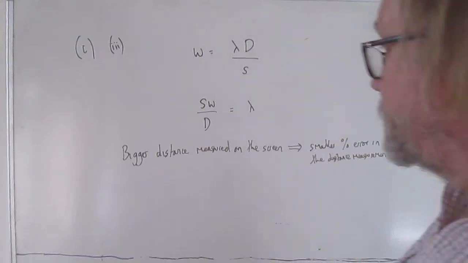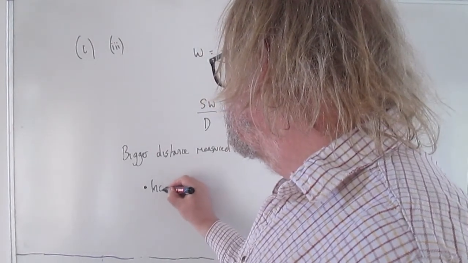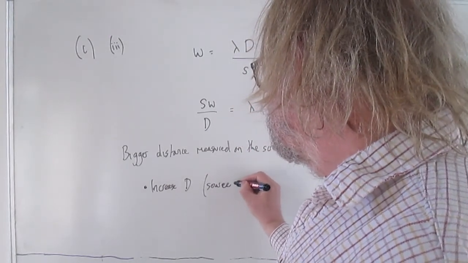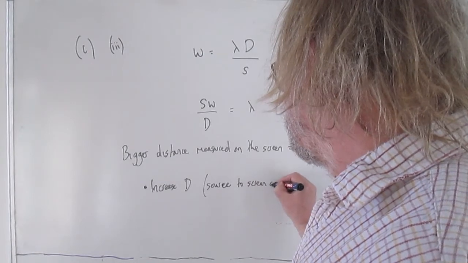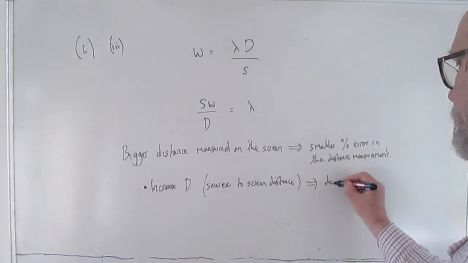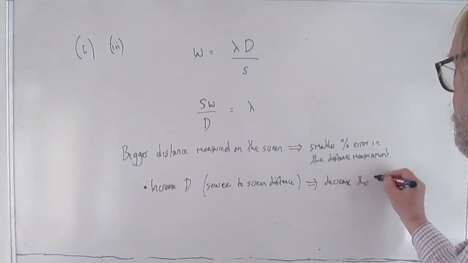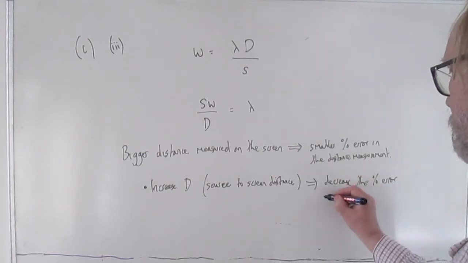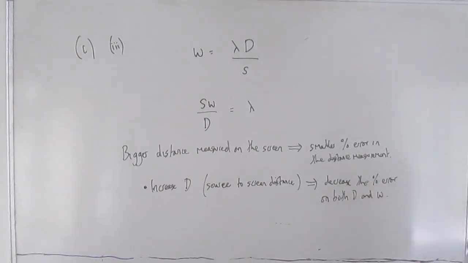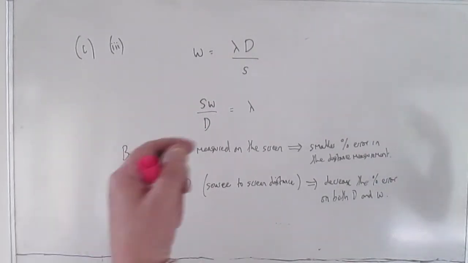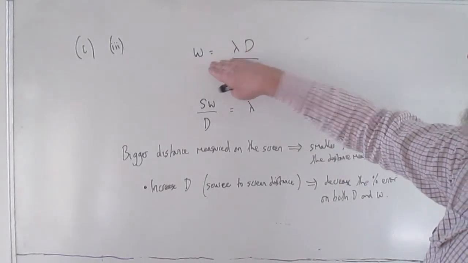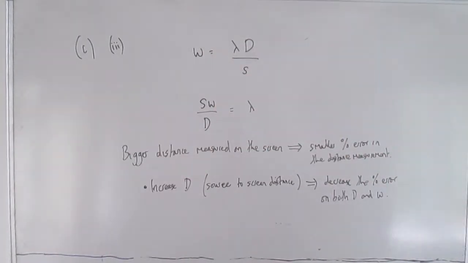So the first thing we can do is to increase D, which is the source to screen distance, because that will decrease the percentage error on both D and W. Obviously, if you've got a bigger value of D, the percentage error on D is smaller, and because of this relationship, if D is bigger, W is bigger, so the percentage error on W will also be smaller.